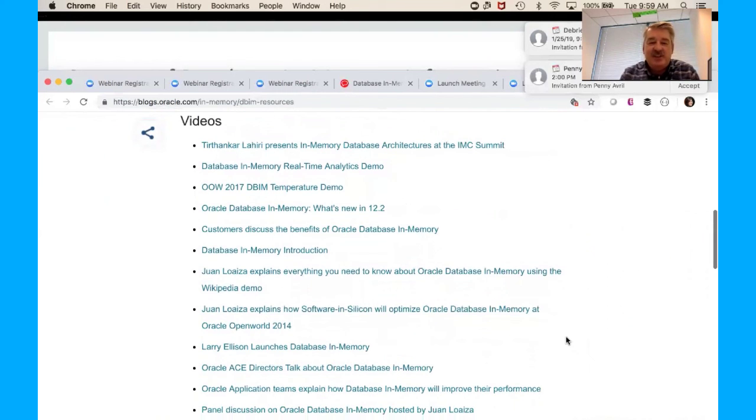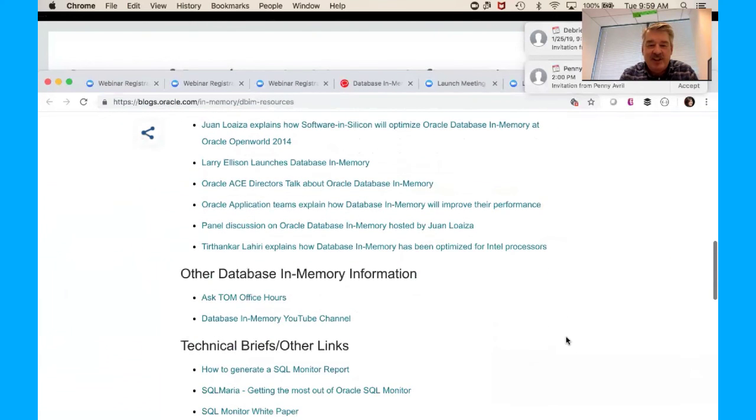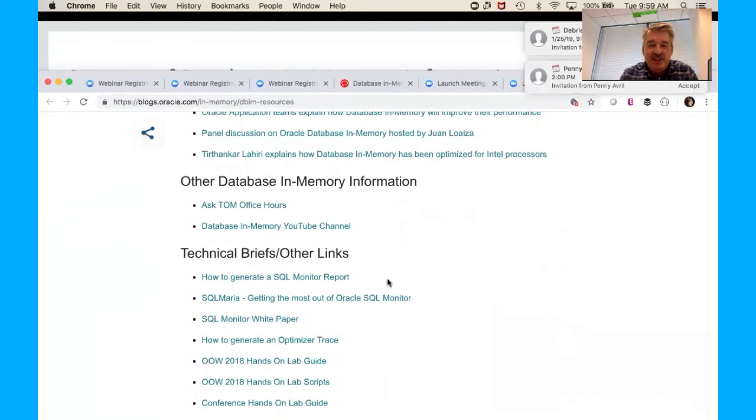It's with the technical briefs, so go down even further. There, I put technical briefs and other links, and I stuck SQL Maria, Getting the Most Out of SQL Monitor. That's worth a view because Maria does the same thing I do: show me a SQL Monitor report and let's evaluate, did Database In-Memory provide you with performance?